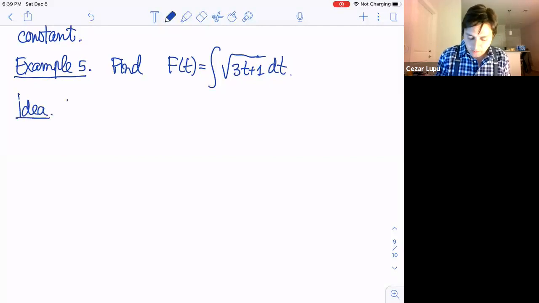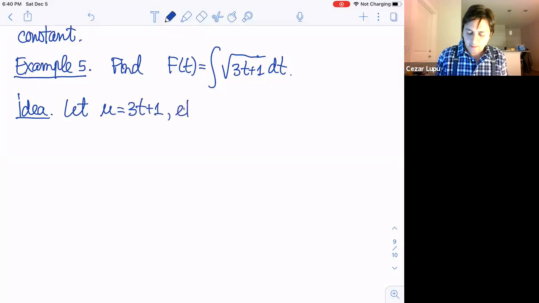The main idea is to do the following substitution. u is 3t plus 1, and so on. So you take du is 3 times dt, and then you have the integral of the square root of u, and then this is the integral of u to the 1/2, and you know how to compute that. Anyway, I'll leave this to you as an exercise.